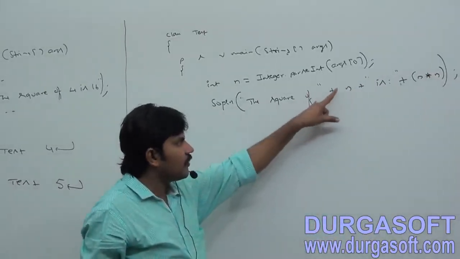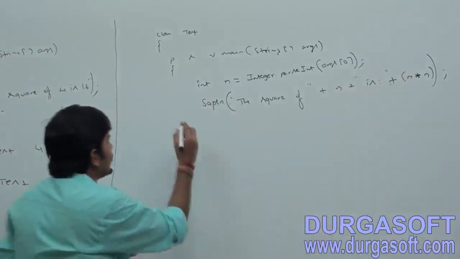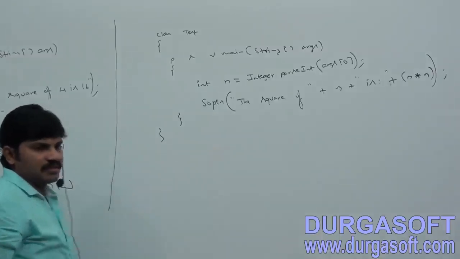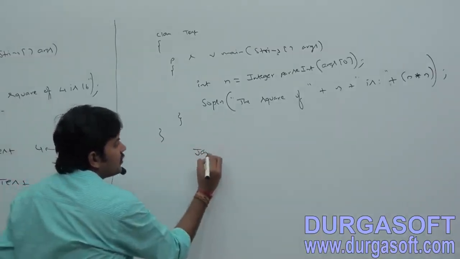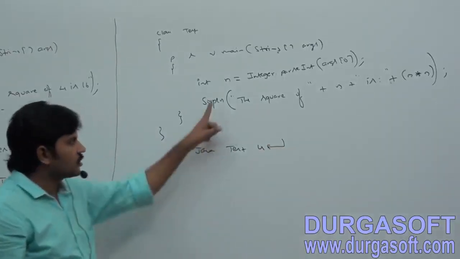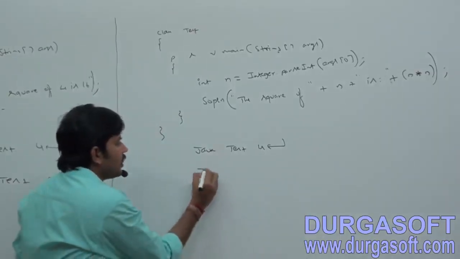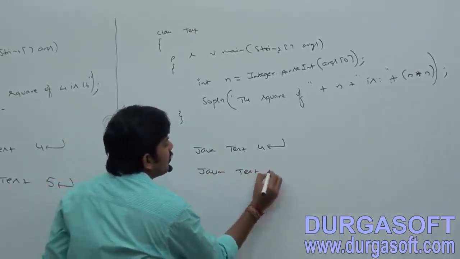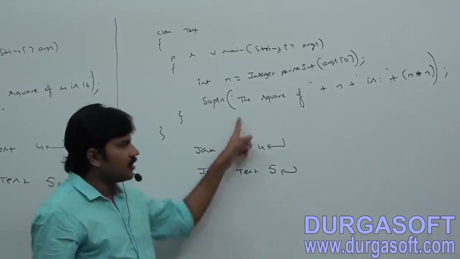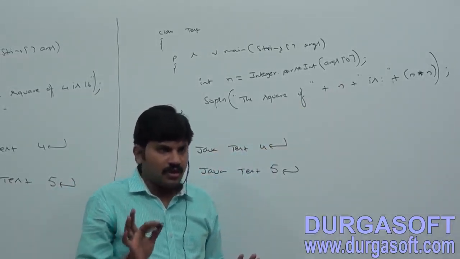The square of n is n into n, then the end of this method, the end of the class. Suppose if I pass java Test 4, what answer are we going to get? The square of 4 is 16. If I pass java Test 5, what answer are we going to get? The square of 5 is 25. I hope you people are able to understand.